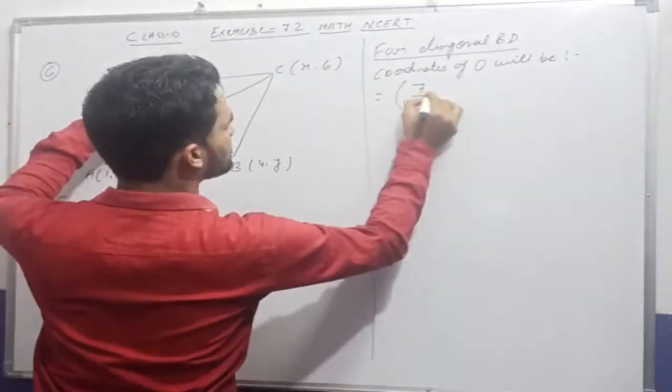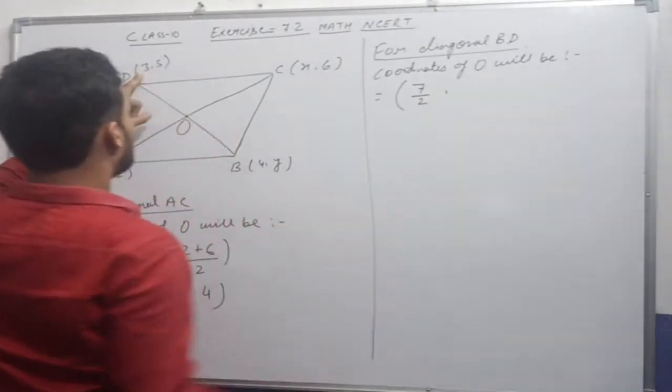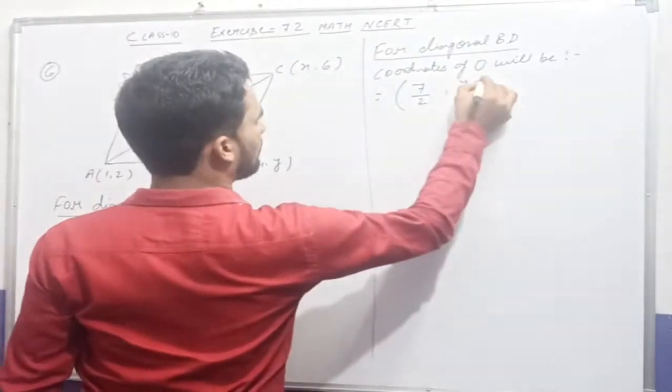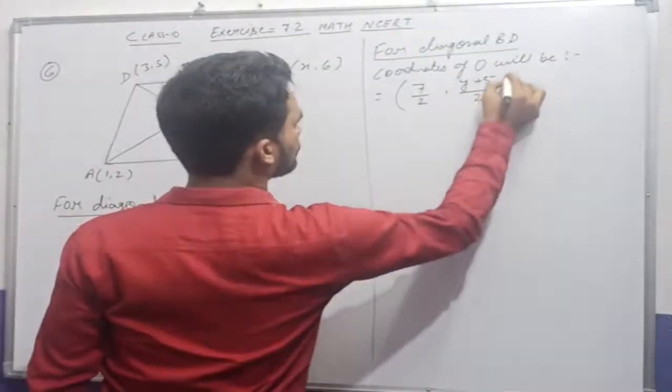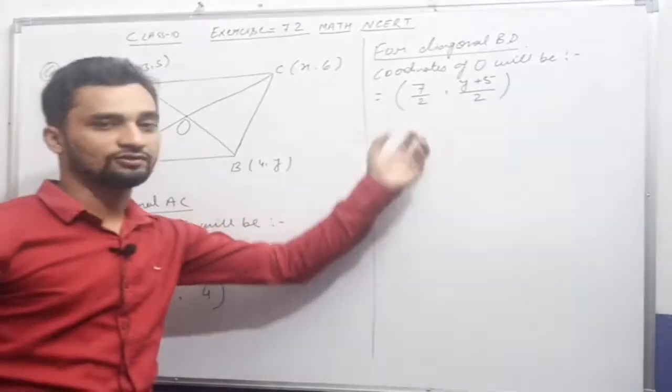Directly I may write 7 by 2 for x, comma (y plus 5) by 2. This will be the coordinates of O for diagonal BD.